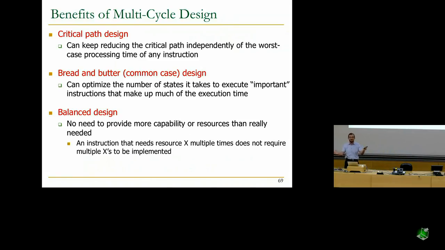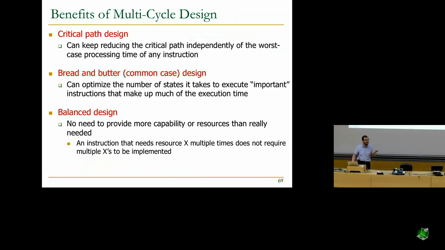You don't need 2 memories; you just have 1 memory. If you want to execute a conditional branch, you don't need 2 ALUs. You can have a single ALU. You compute the branch condition in 1 cycle and store it somewhere, then compute the target address in another cycle and store it somewhere, and then update the PC based on those 2 results that you produced in different cycles using the same ALU.